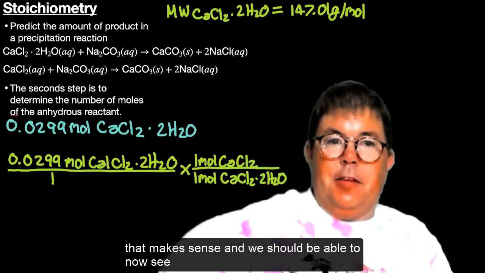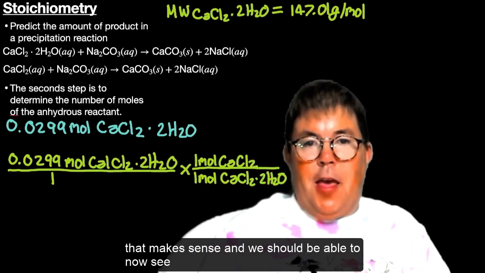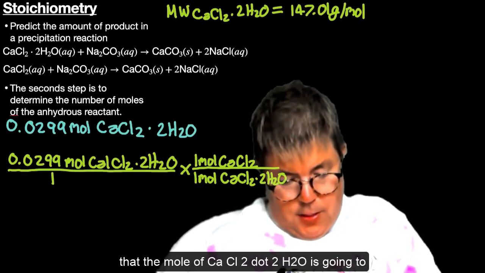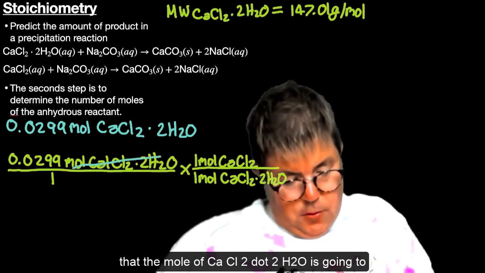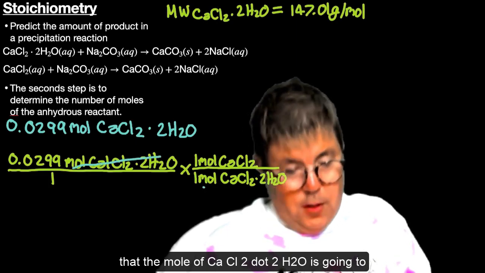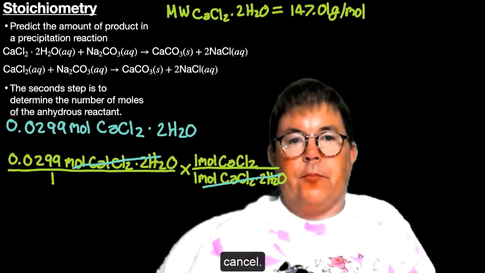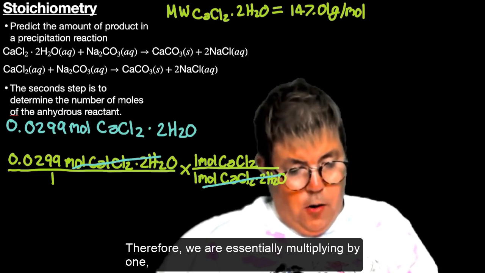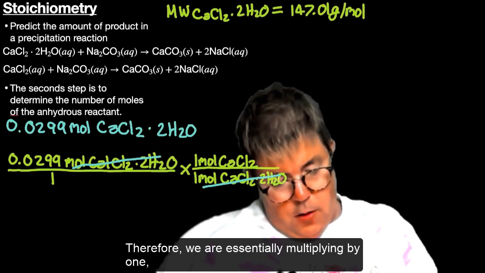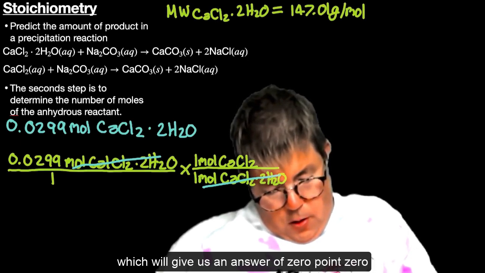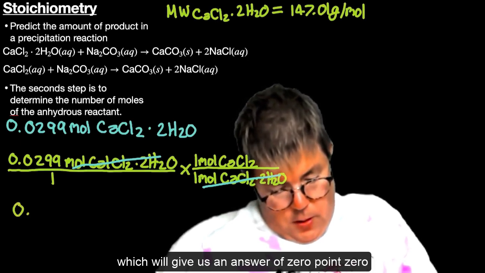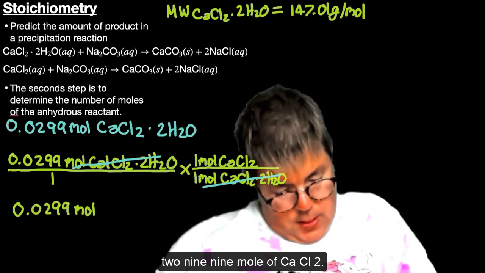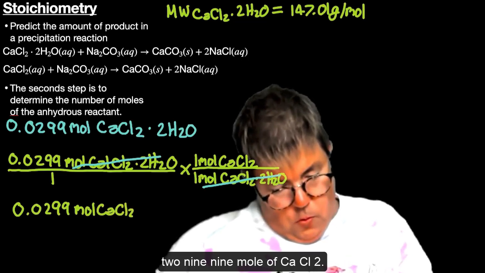Hopefully that makes sense, and we should be able to now see that the mole of CaCl2.2H2O is going to cancel. Therefore, we are essentially multiplying by 1, which will give us an answer of 0.0299 mole of CaCl2.